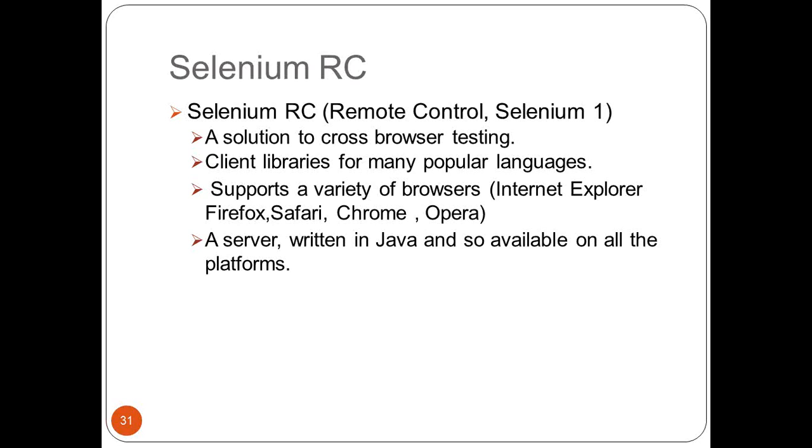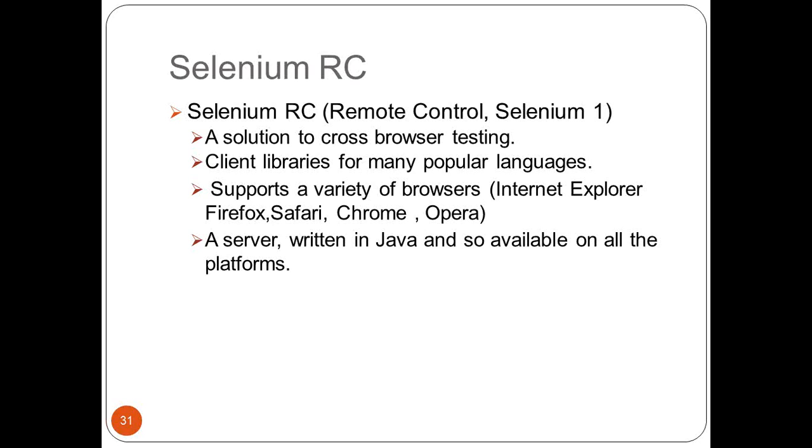So you have to download a few jar files. Jar is nothing but Java archive. These remote controls are written in Java. As we are going to use Java as our programming language, you're going to choose the Java-based remote control API.